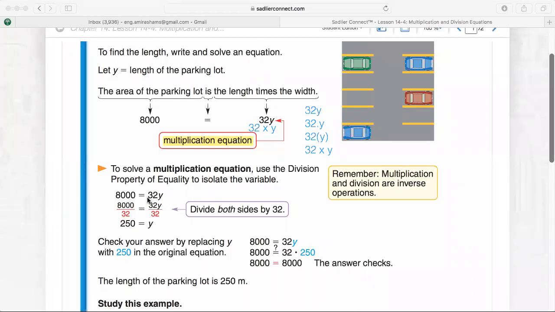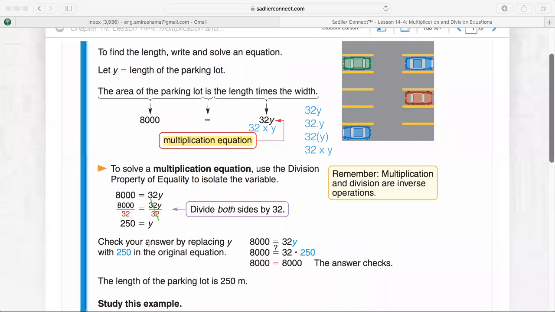So when I have 32 over 32, they will cancel each other, and y will be kept alone here. So what is 8,000 over 32? I'm going to divide 8,000 by 32 using long division. 8,000 divided by 32 is 250.